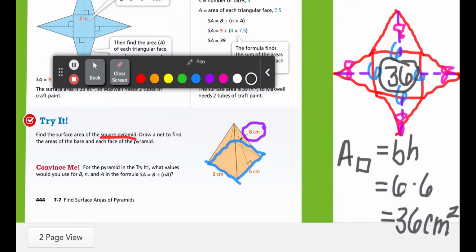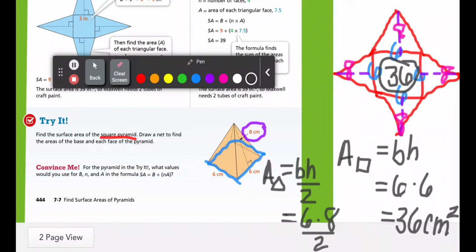Now we have to find the area of the triangle. We'll think back to the area formula of a triangle. What is the area formula of a triangle? Area of a triangle is base times height divided by 2. So let's look at our triangle. What is the base and what is the height? The base is 6. The height is 8. We're dividing it by 2. So 6 times 8 divided by 2 would be, I'm running out of room.